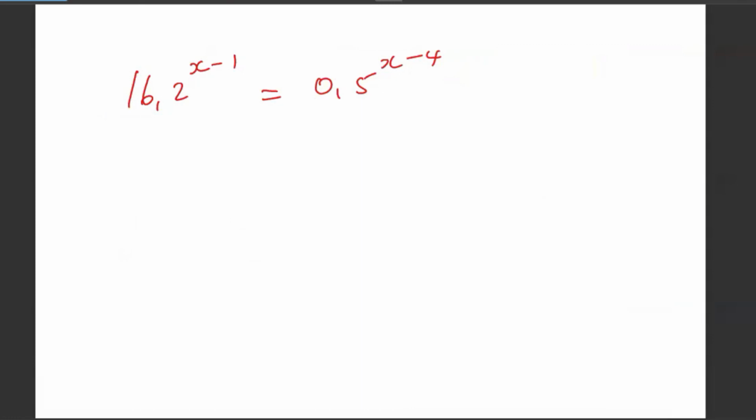So if I have, let's say, 16,2, is it possible for me to write that 16,2 as a fraction? It's going to be 81 over 5, which doesn't make sense now, because I know that 0,5 is going to be a half.